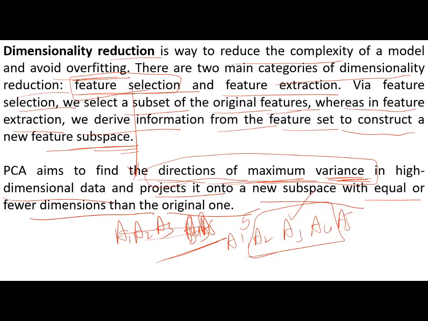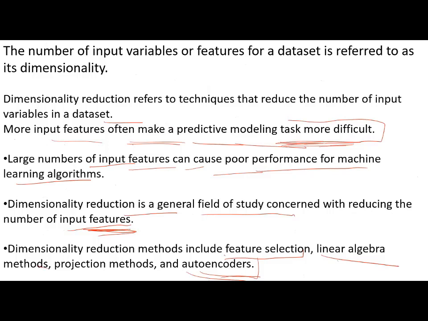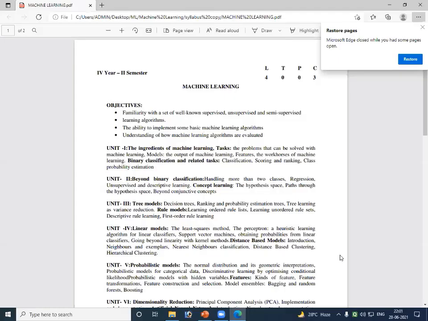This is the 6th unit, part 1. We are left with only part 2 of the 6th chapter, that is ANN. This is our entire syllabus.